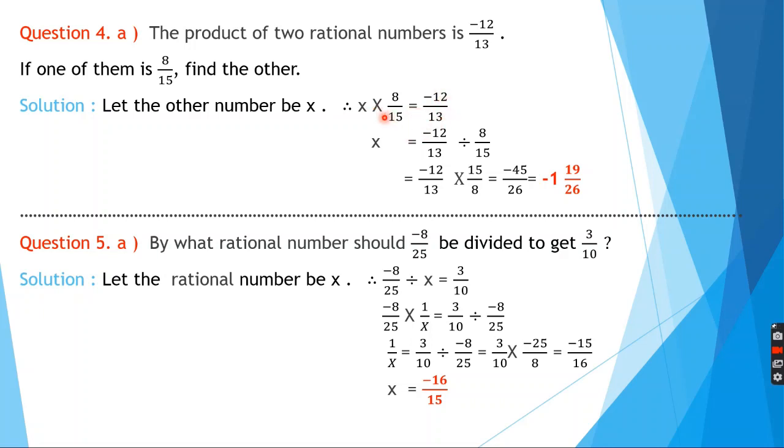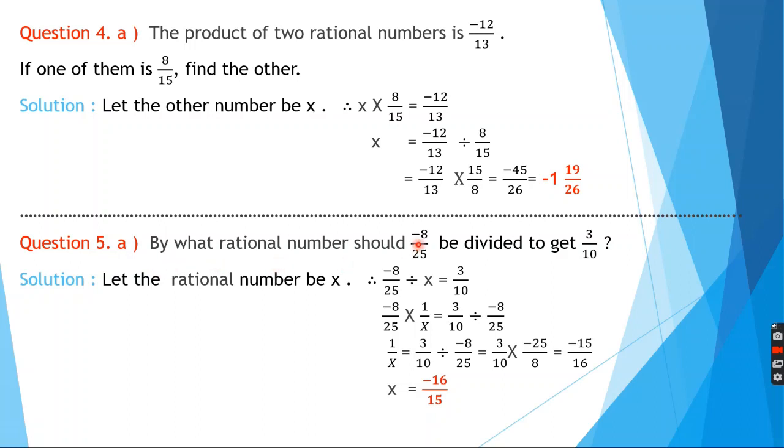Now here it is multiplication. When you transpose this to the other side, it will become division. Therefore x is equal to minus 12 by 13 into 15 by 8, and when you simplify and cancel, you are getting minus 45 by 26, which is equal to minus 1 19 by 26.